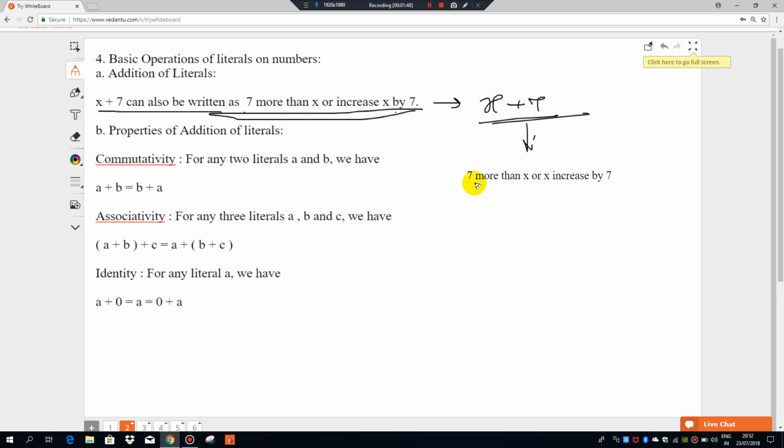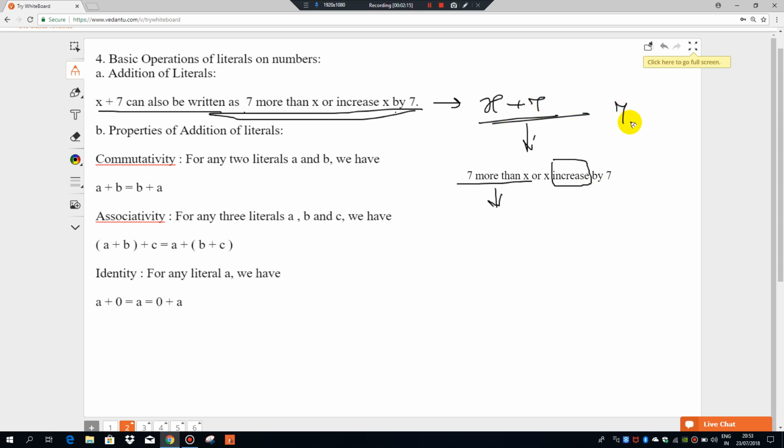Like 7 more than x, so we have to read it in reverse. While increase and decrease both come, they are read in the same order. Like if they have given x plus 7, we'll read x increased by 7. If they have given x minus 7, we'll say x decreased by 7. Here in this case we do the opposite.